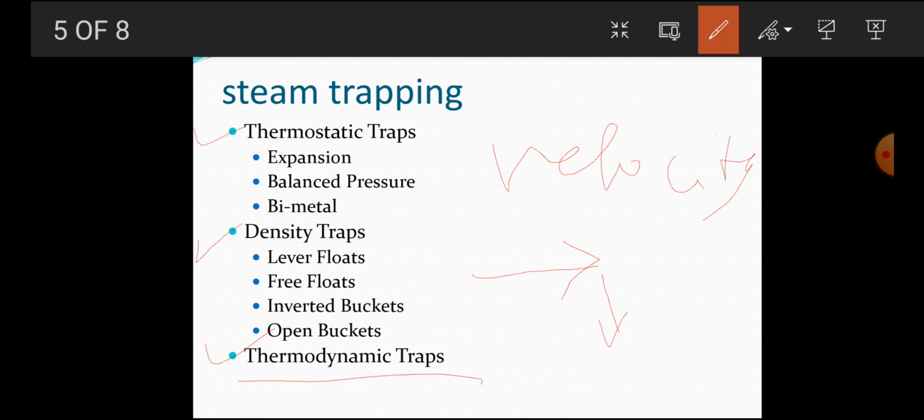So when flash or live steam moves across the underside of the disk, its velocity is much higher than water, and the high speed creates a pressure drop which closes the valve head.